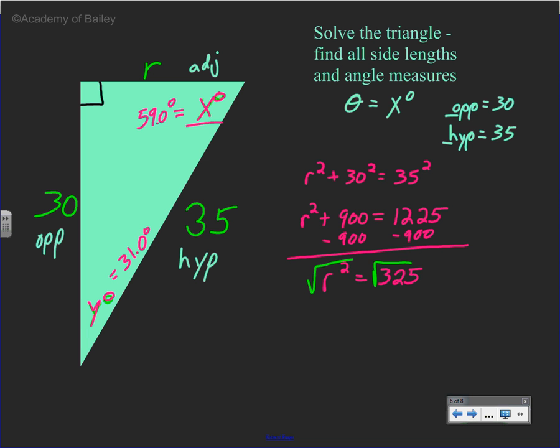Square root of both of these, and that leaves r is equal to 18.03.